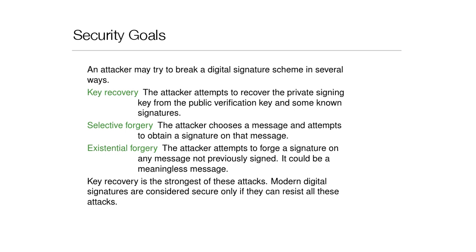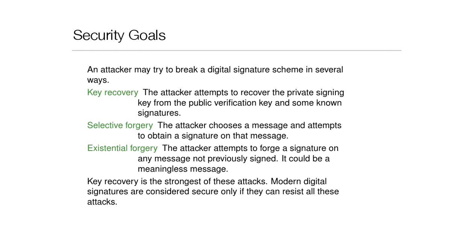And the other thing is selective forgery. The attacker chooses a message and attempts to obtain a signature on that message. The attacker has the verification key, because it is a public value. Selective forgery is not as hard as key recovery, but the attacker is just trying to make a signature for one message.